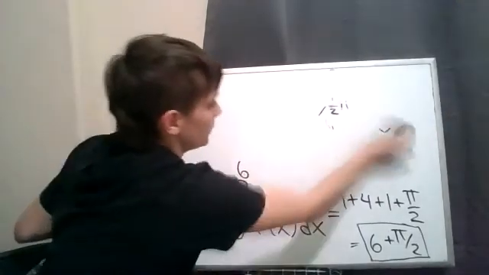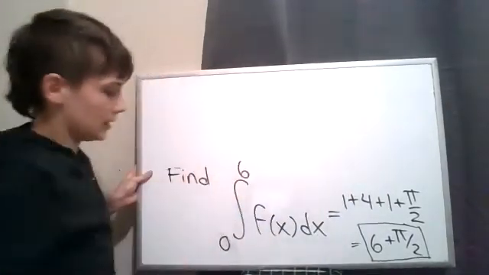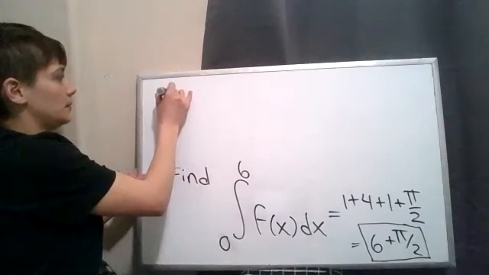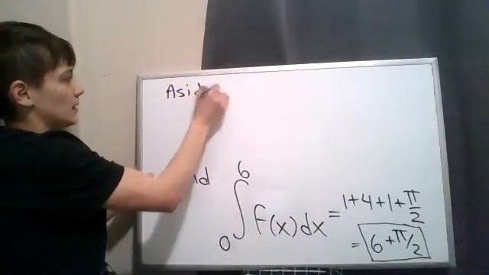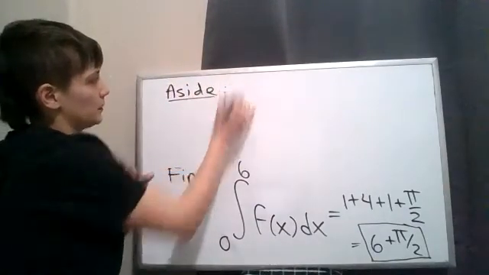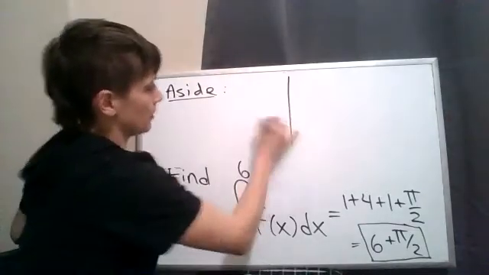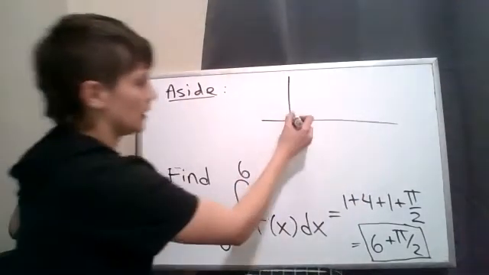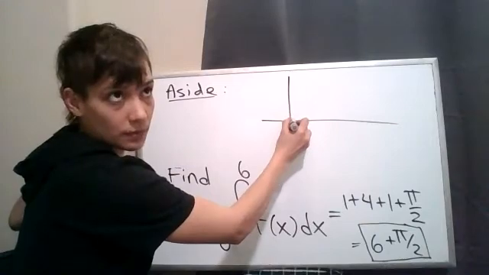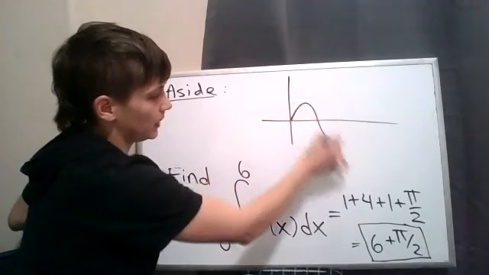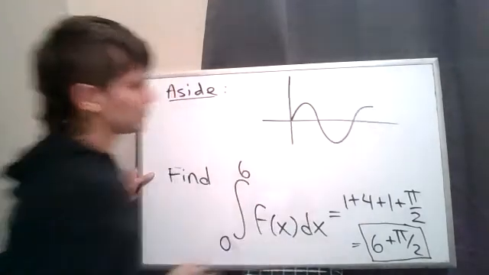Okay, so let's say you have your function go. Let's draw a picture first. We're going to go something like this. That's our function.